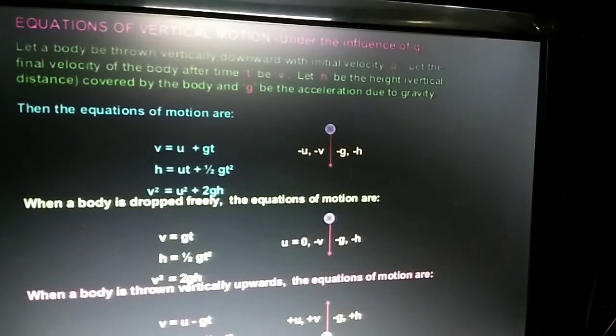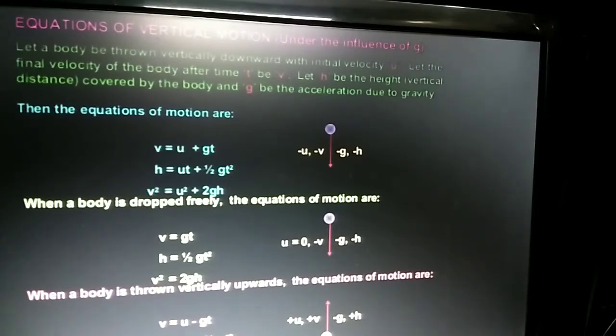Let the final velocity of the body after time t be v. Let h be the height, the vertical distance covered by the body, and g be the acceleration due to gravity. Then the equations of motion are v equals u plus gt, h equals ut plus half gt square, and v square equals u square plus 2gh.